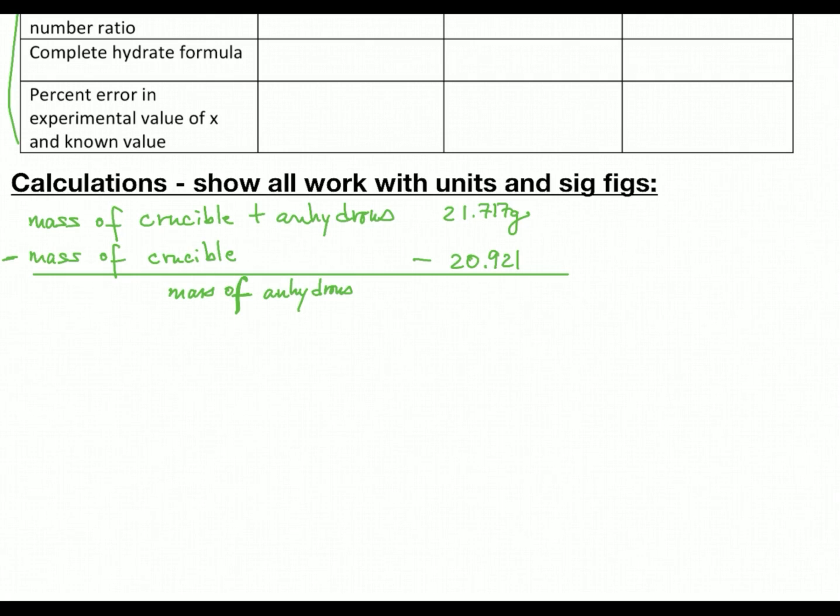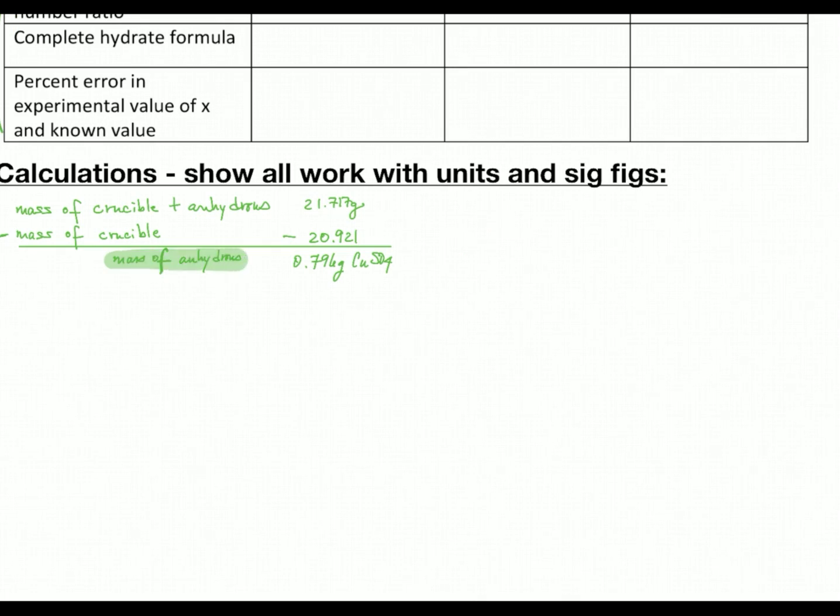Subtract those, you're going to get 0.796 grams of the anhydrous, which for us is CuSO4. So mass of anhydrous salt, 0.796 grams.